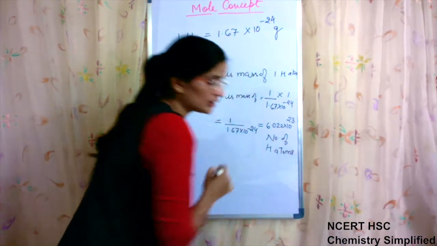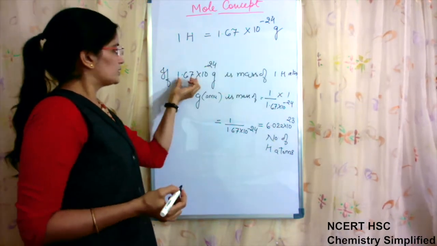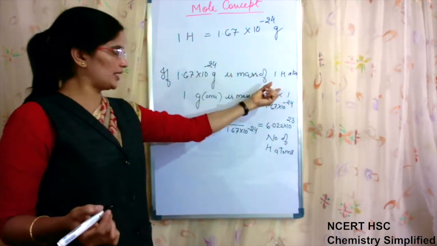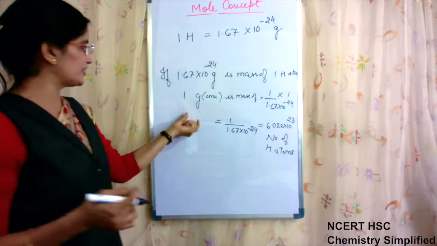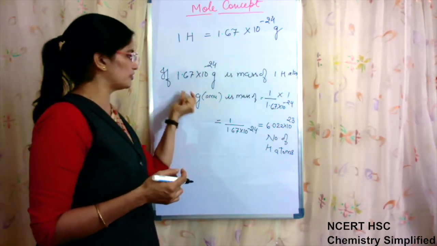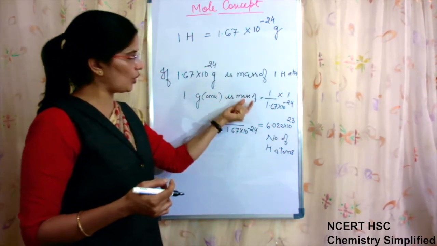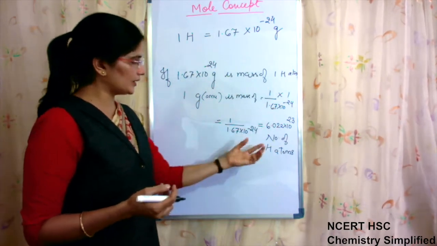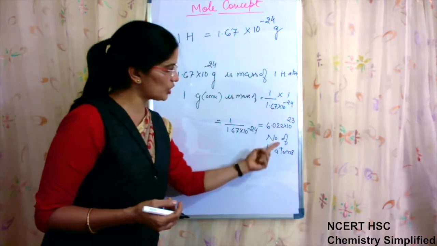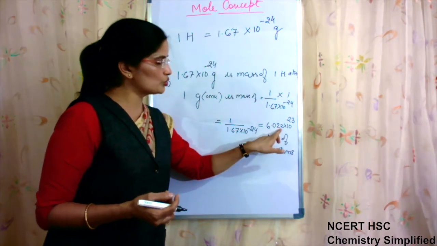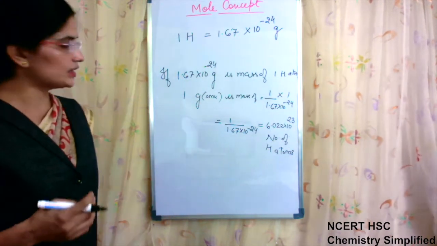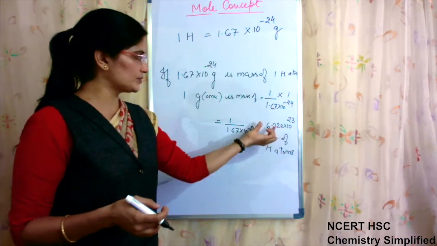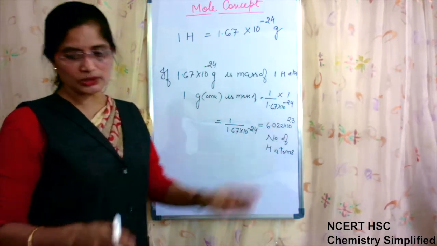That means the actual mass of one hydrogen atom is this, and what we write as relative mass, that is 1 AMU or 1 gram, is actually the mass of this much number of atoms. On calculation it comes out to be 6.022 into 10 to the power 23 hydrogen atoms. 10 to the power 23, not minus 23.